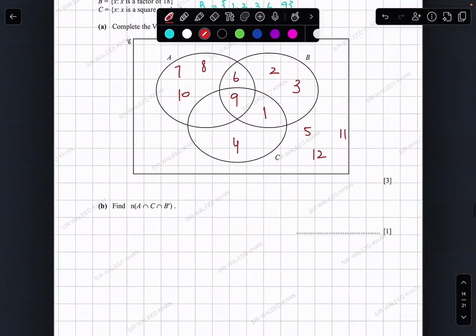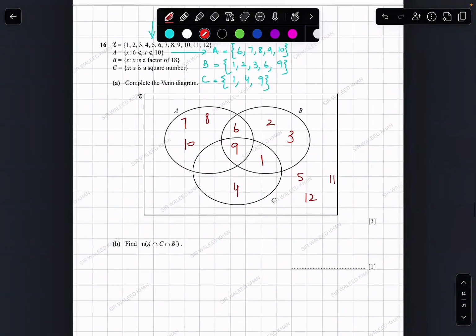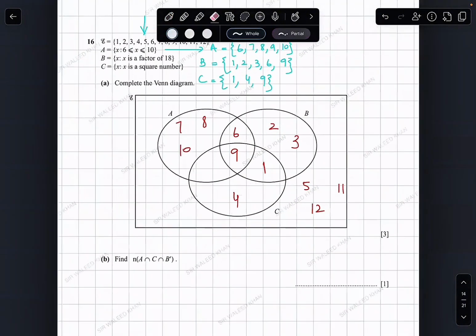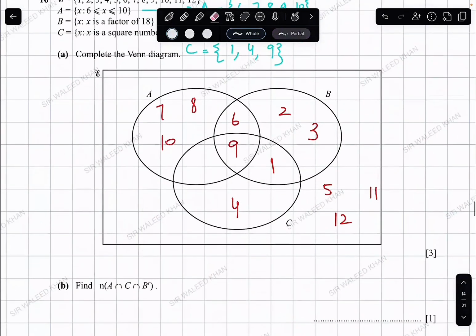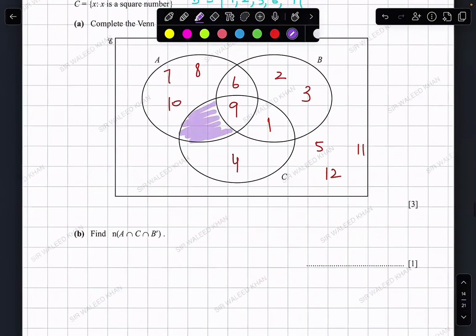Next, find the number of elements which are A intersection C intersection B complement. So A intersection C is this. They're saying exclude B from that. So if I exclude B from that, I'm left with this. Can you see any number of elements over here? No. Right?